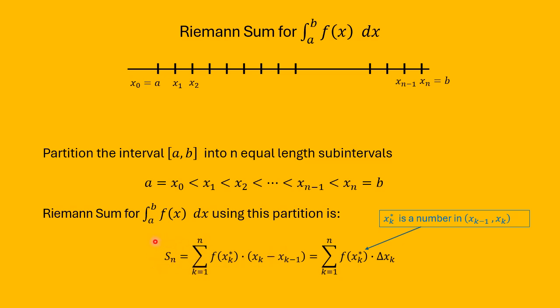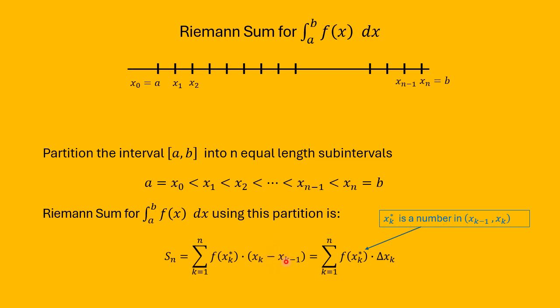Let's call that Riemann sum with n terms s sub n. So it's the sum where k goes from 1 to n of f of x sub k star times the length of the subinterval going from x sub k minus 1 to x sub k. So in other words, a factor of x sub k minus x sub k minus 1 here.